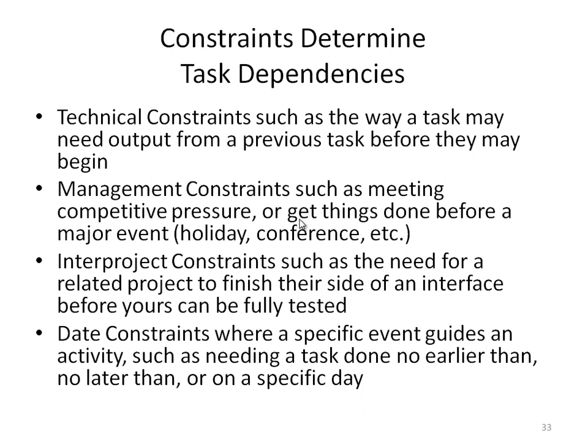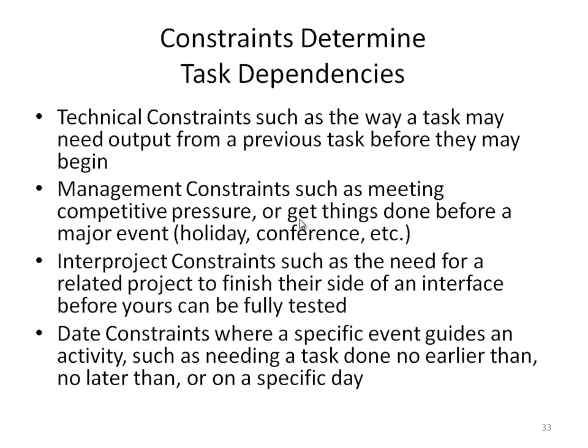For management, such as meeting competitive pressure or getting things done before a major event, such as a holiday or a conference. So if you need to sell a product at Christmas, you need to finish it before that holiday. Otherwise, you will miss the chance of selling that product as a Christmas product.